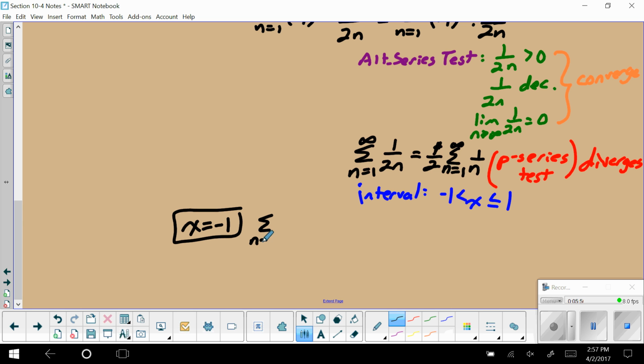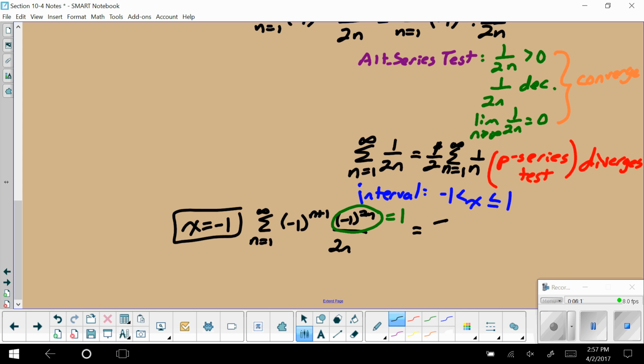So plugging in the other endpoint, x equals -1: -1 to the 2n means I'm doing -1 to an even power, which always equals 1.